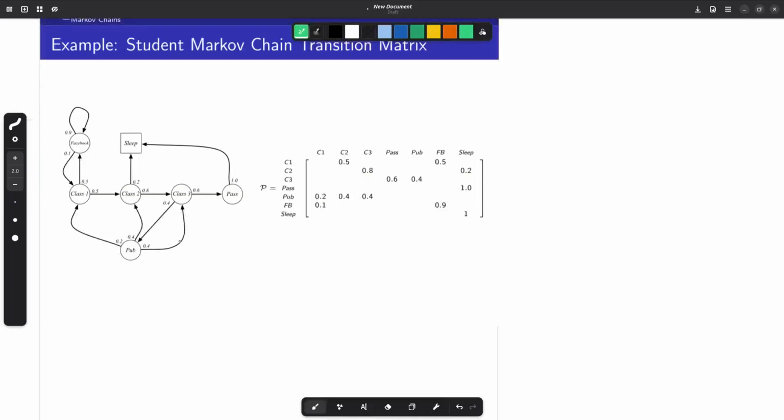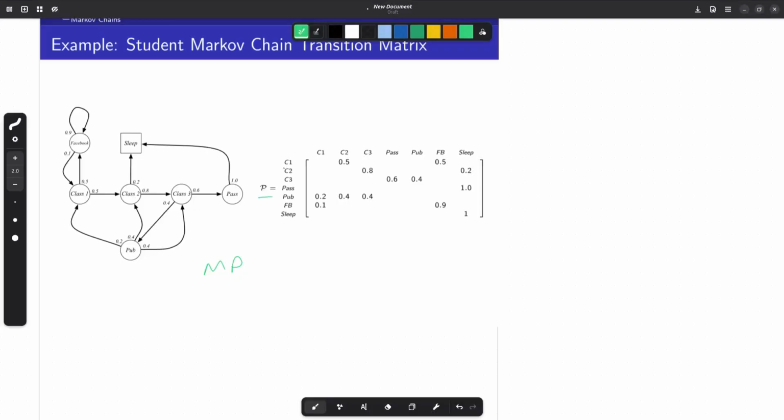And usually we can illustrate an MDP by a transition matrix. So here you see a Markov process, and you can show it by a transition matrix.